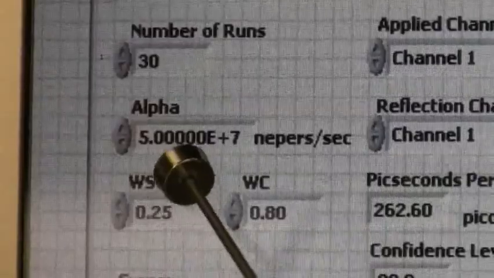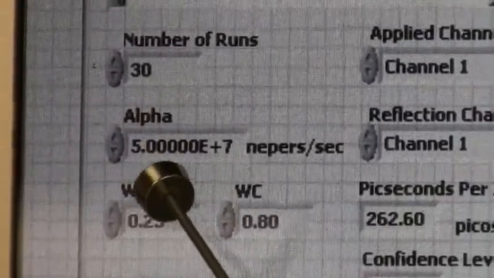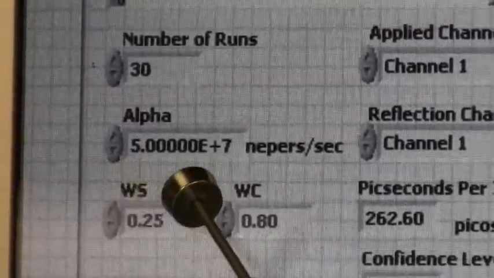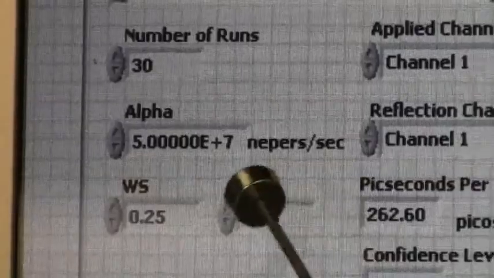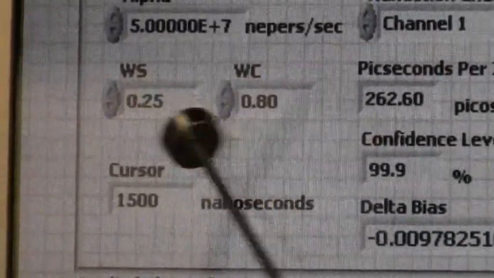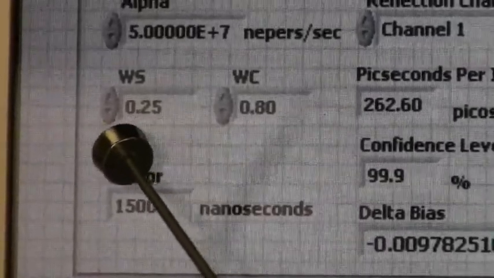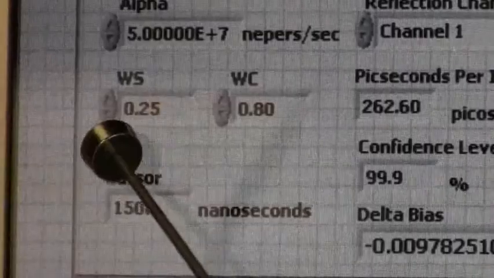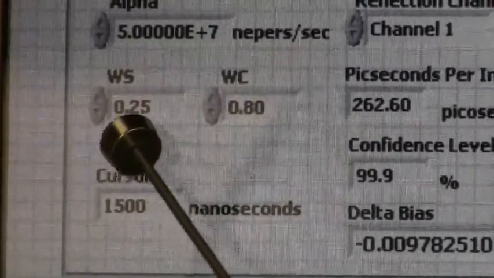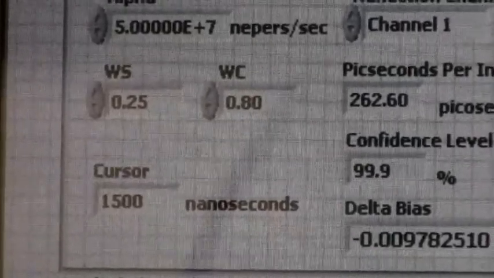Another important input is the alpha that we're using in our exponential waveform signal. That's 5 times 10 to the 7th, 1 over seconds. And these two parameters tell us what the low voltage and the high voltage are that we use to actually measure the difference in time between the two signals, the input signal and the output signal.